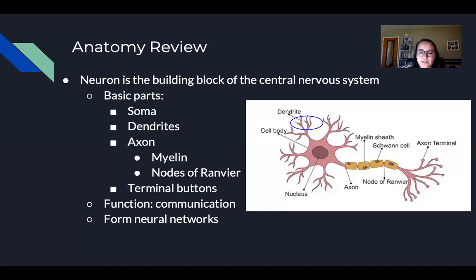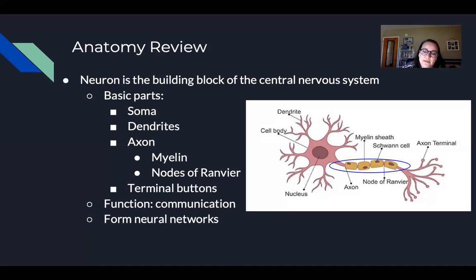The dendrites take the information that they get from other neurons and pass it along to the cell body. And then from the cell body, information is passed on through the axon. The axon is this long, slender tube that extends from the other end of the soma from the dendrites.